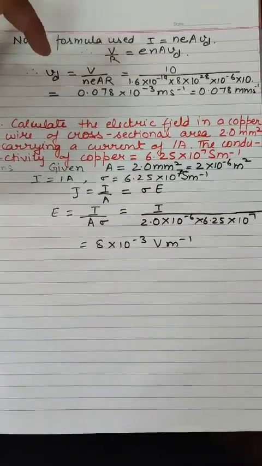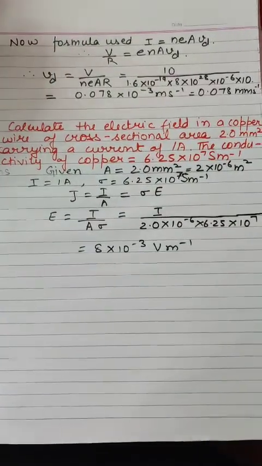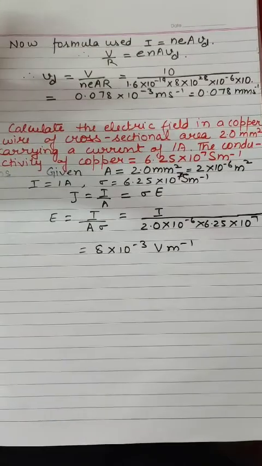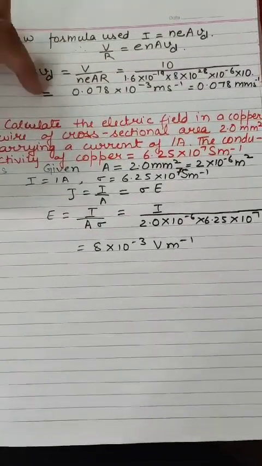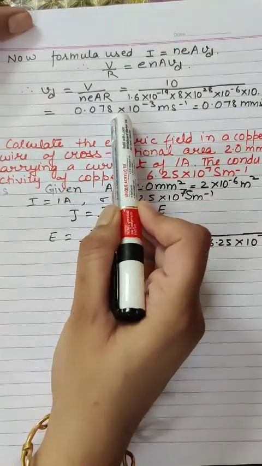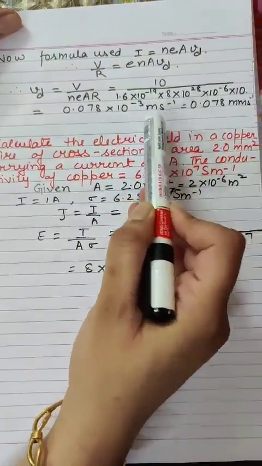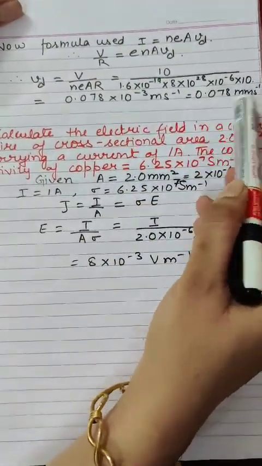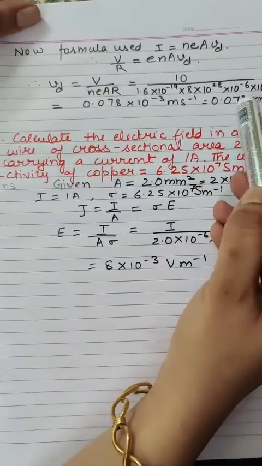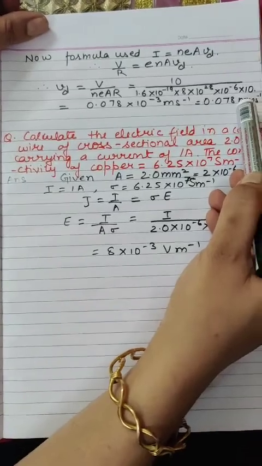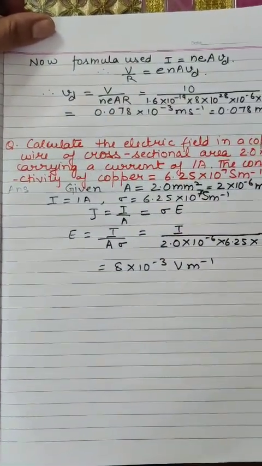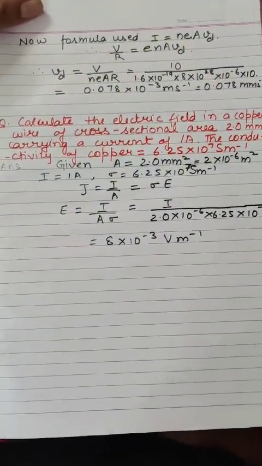Now we have the value of all the terms except vd. Putting all the values, we get the final expression, which comes out to be 0.078 into 10 to the power minus 3 meter per second, or we can write it in the form of millimeter per second also, which comes out to be 0.078. I hope you have understood how to apply the formula in your numericals.